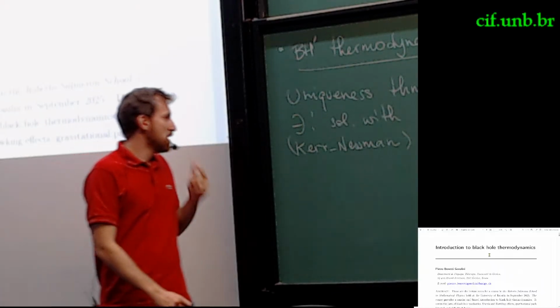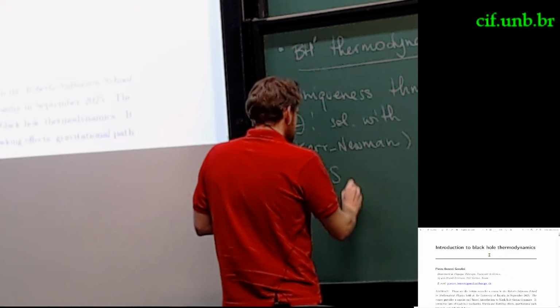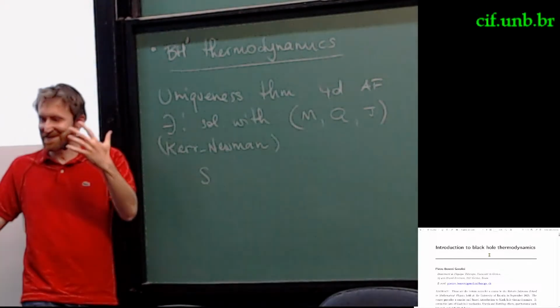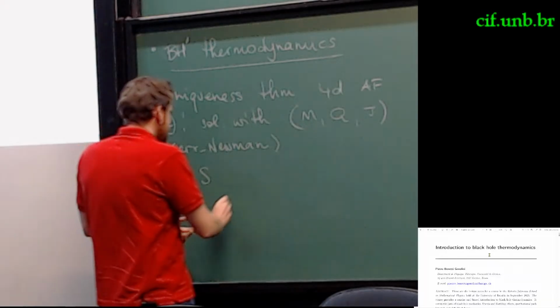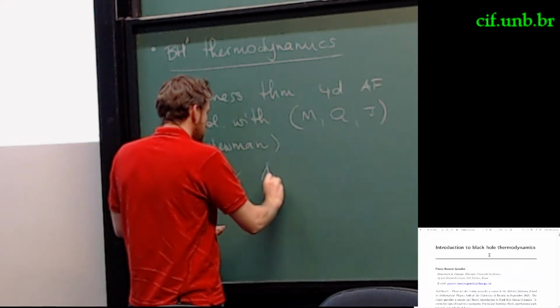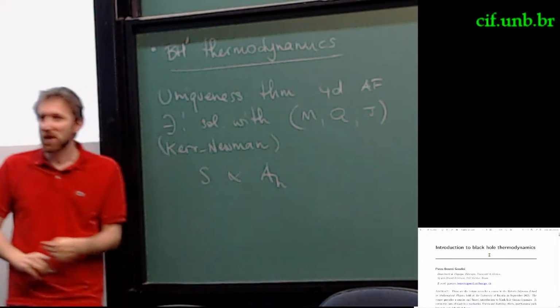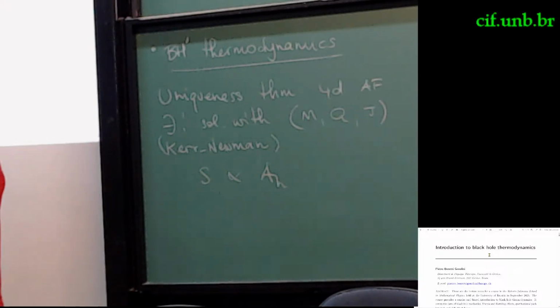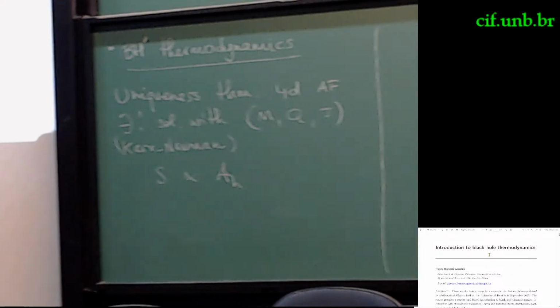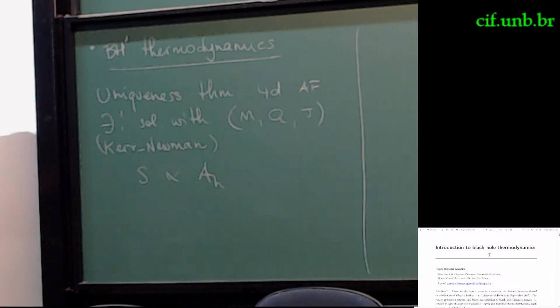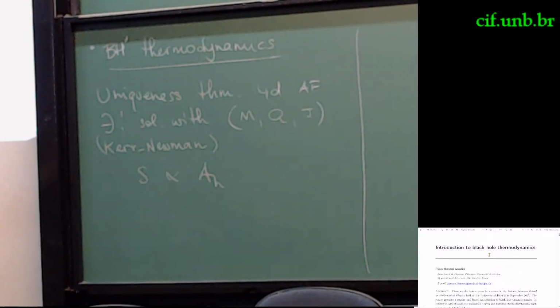So he thought, well, clearly, this is a revolutionary idea: the entropy of the black hole is proportional to the area of the event horizon. And this makes sense because it's consistent with the area theorem that we had earlier.